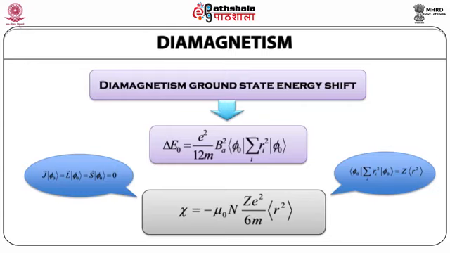For such ions, the vector J, when it acts on the eigenfunction, gives you the L vector and also the S vector, which is equal to 0. All this acting on the eigenfunction gives you a 0. So consequently, from the expression for delta E_n, the ground state energy shift simply boils down to this simple expression.